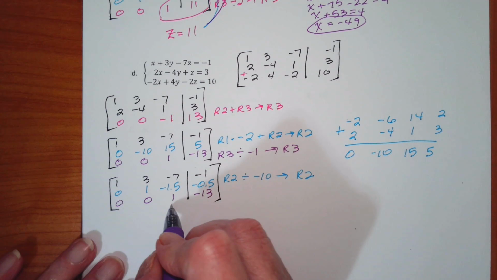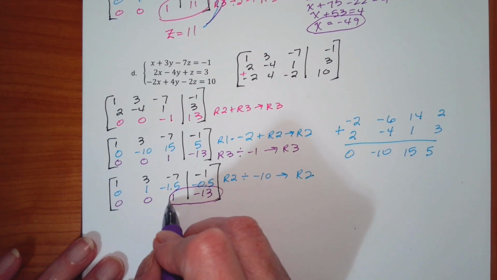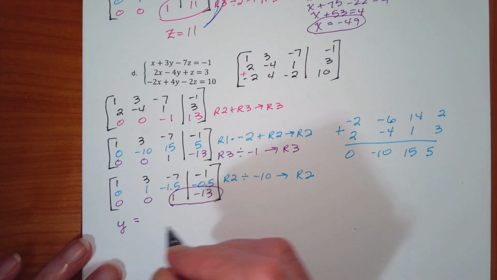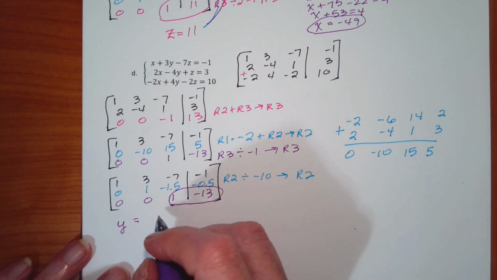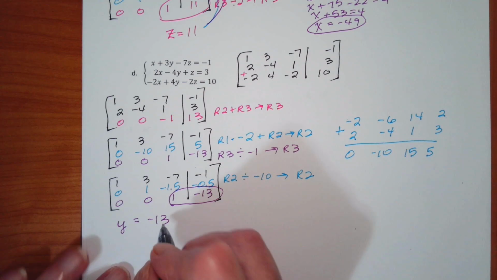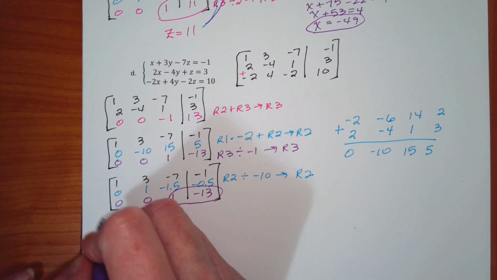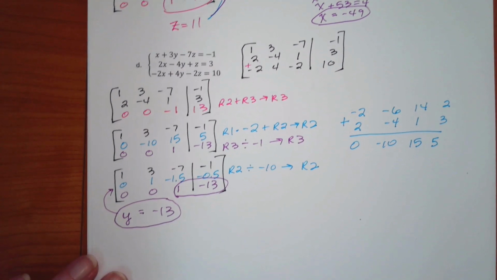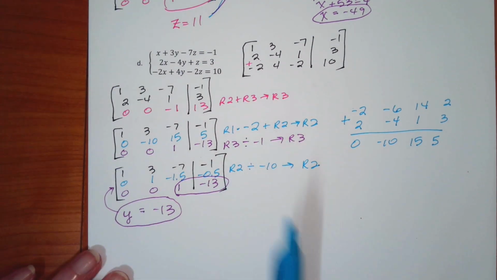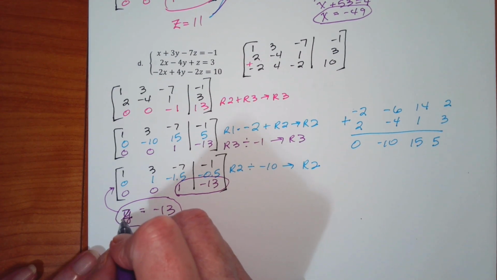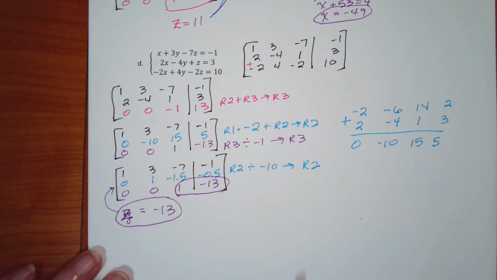All right, so this tells me that z is equal to negative 13. Okay, so let's put that in here. I'm sorry, that's the z, excuse me. Okay.